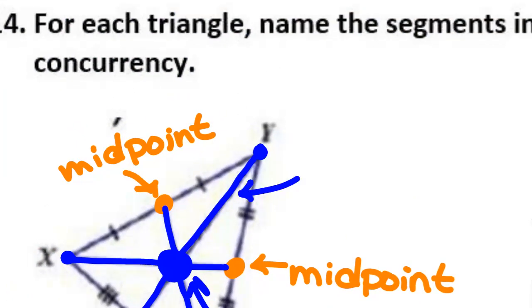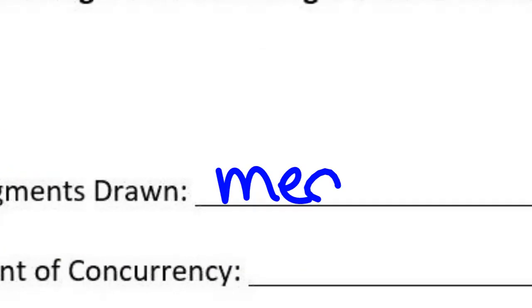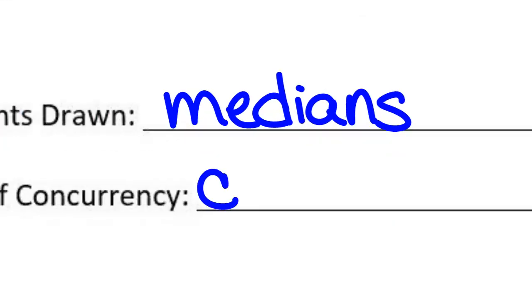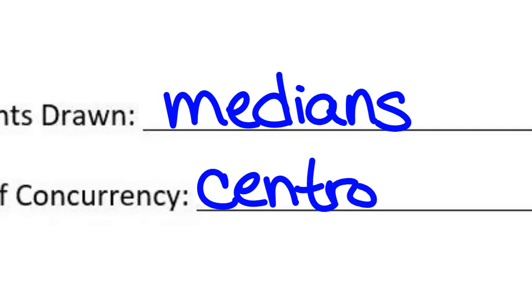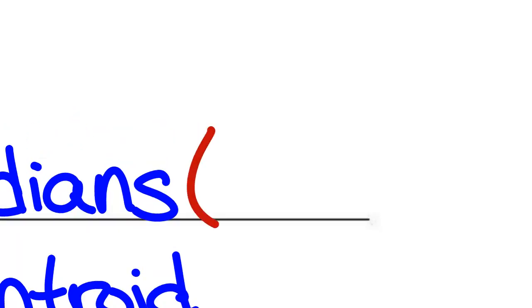Each of these is called a median. So the segments that are drawn are the medians, and the point of concurrency is the centroid. Medians go from a vertex to a midpoint.